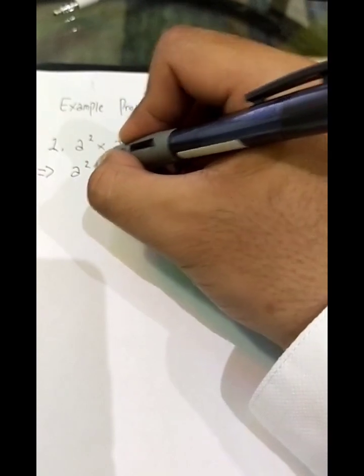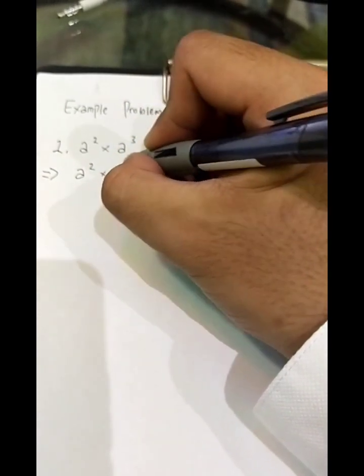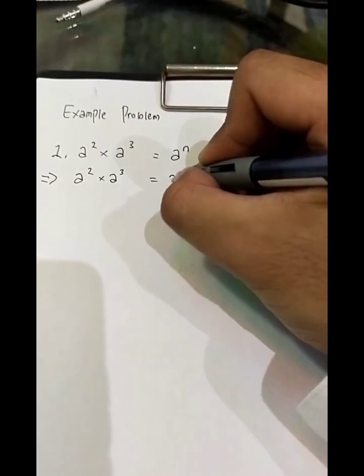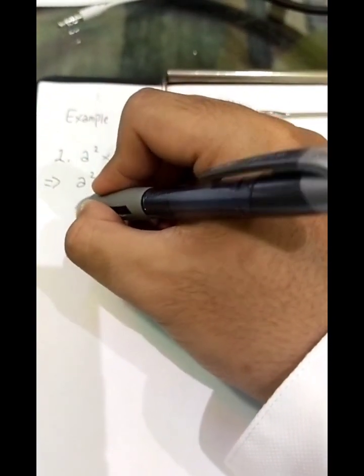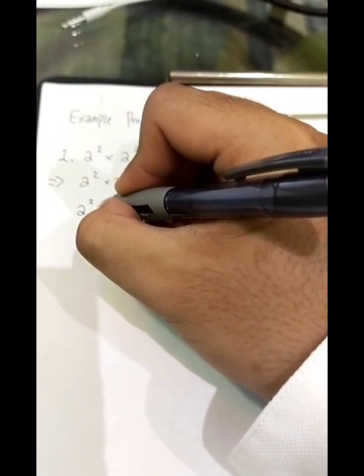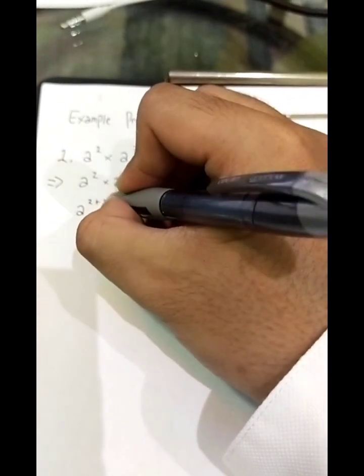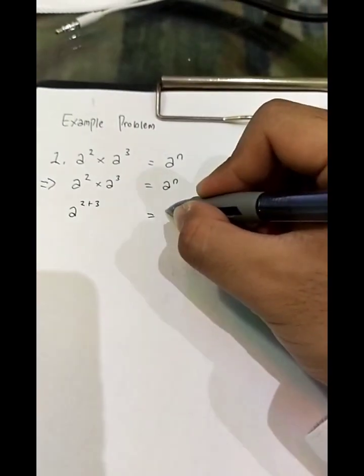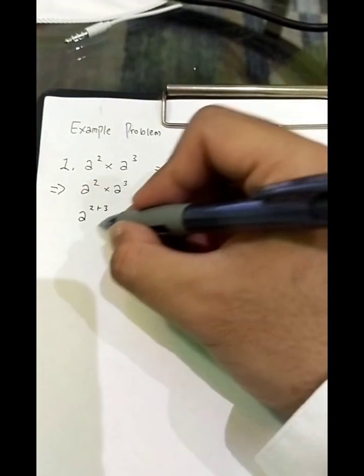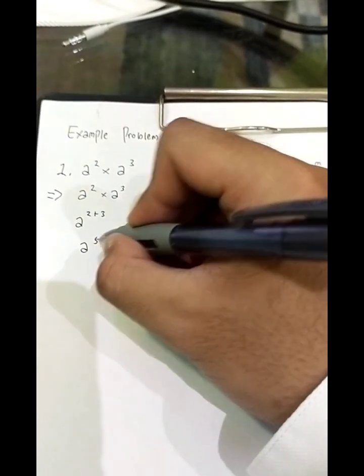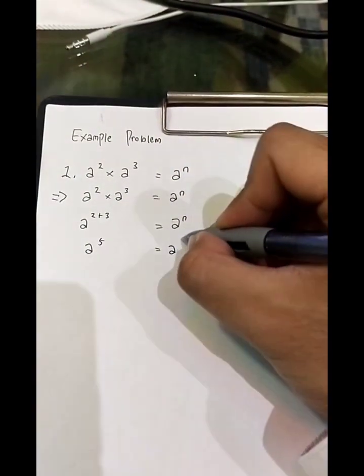So we have a to the power of 2 times a to the power of 3 equals a to the power of n, which equals a to the power of 2 plus 3. And then a raised to the power of 5 equals a raised to the power of n. So n is 5.